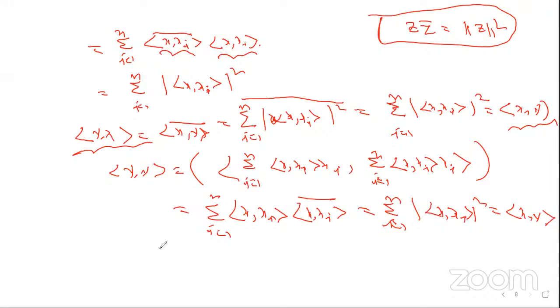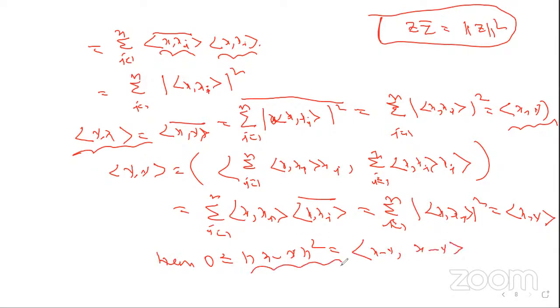Hence here, 0 is less than or equal to the norm of x minus y whole square, which can be written as the inner product of x minus y comma x minus y.